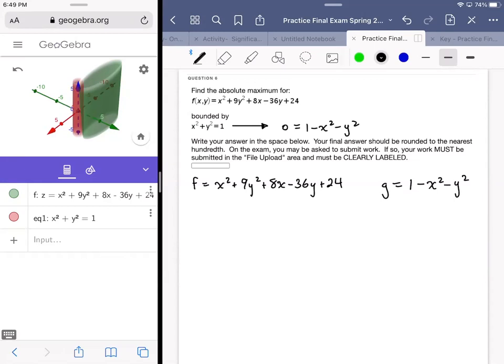All right. So I would need the first order partial with respect to x, and the first order partial with respect to y. So 2x plus 8, and 18y minus 36. First order partial with respect to x in the boundary function, negative 2x. With respect to y, negative 2y.